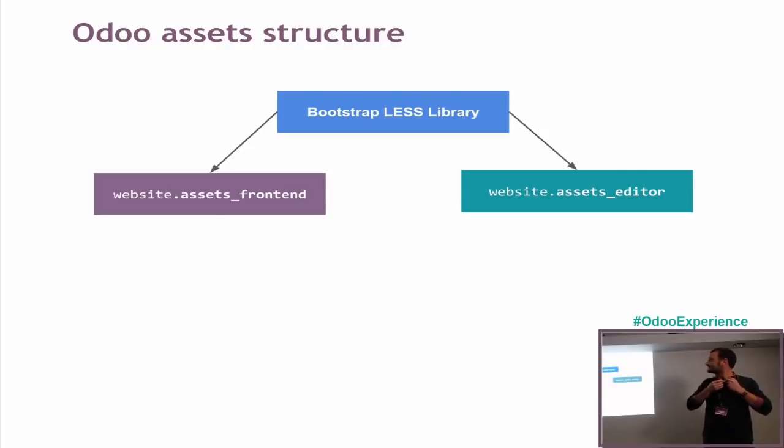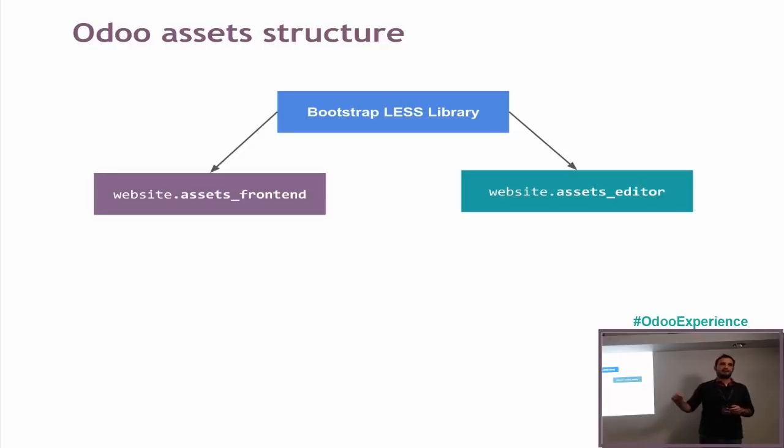So, starting from Bootstrap, we have asset frontend and asset editor. Asset frontend is used to handle all the JavaScript and less assets that are used to visually print the page that will be seen by the user. And website asset editor is related only to the user interface of the editor itself.